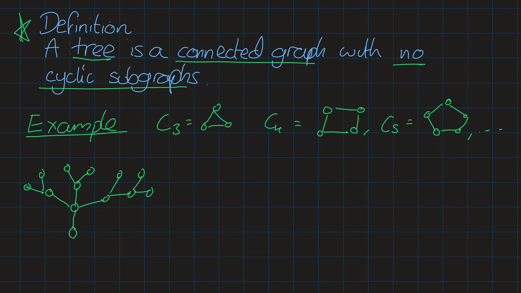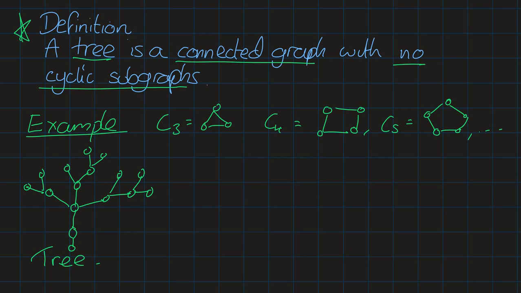Okay, so for example, this here is a perfectly pretty tree. It looks a bit like a tree, I guess. There's a stump and then branches, and they branch out to leaves at the end. So this is a tree. The important part is there are none of these cyclic graphs hidden inside it.